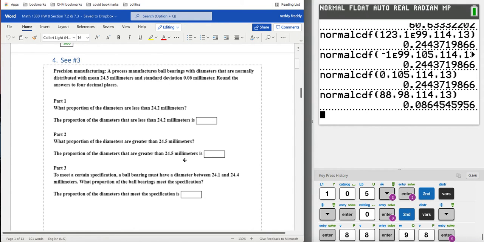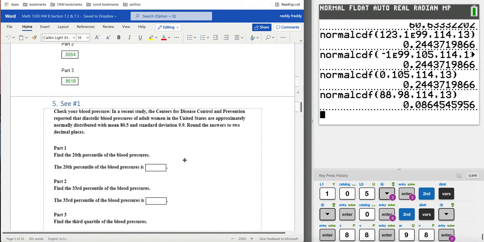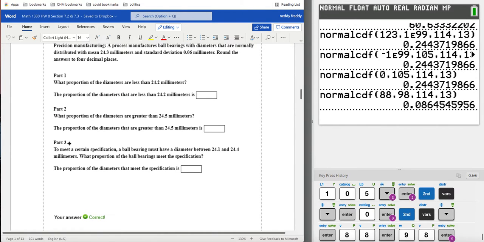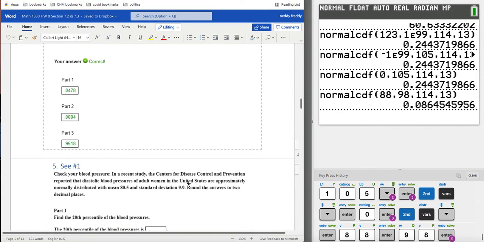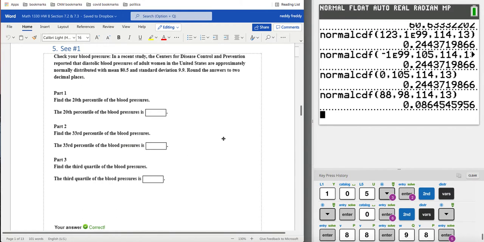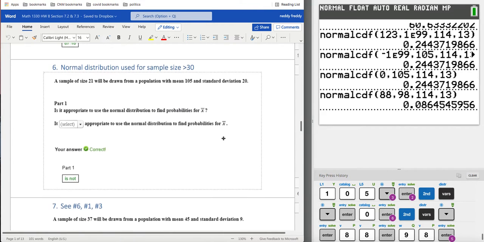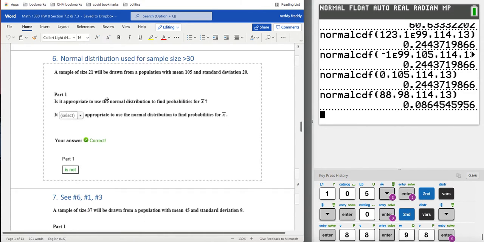We've got others that are essentially doing the same thing, either looking for proportion or percentile. And if it ever comes up, is it appropriate to use the normal distribution?